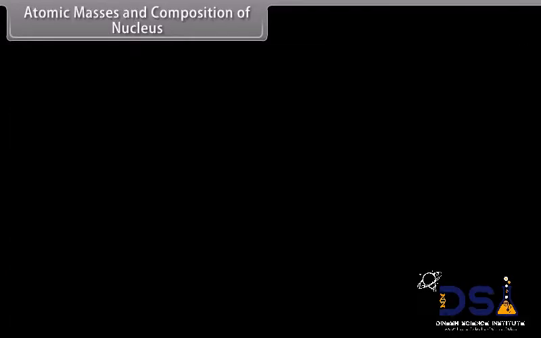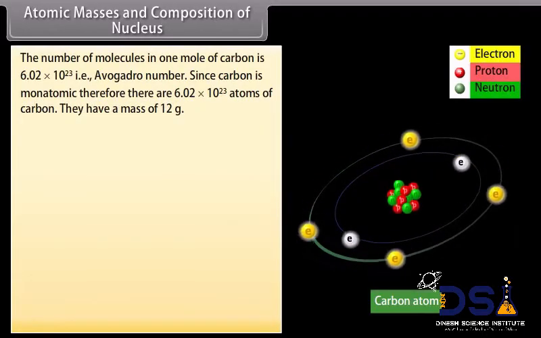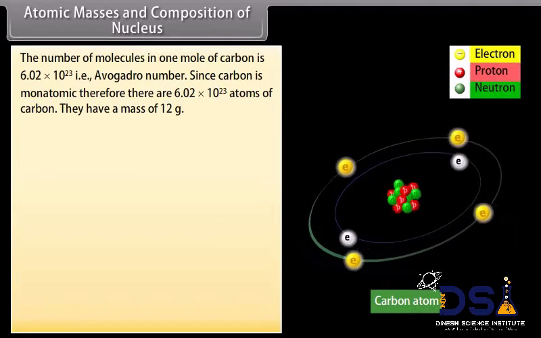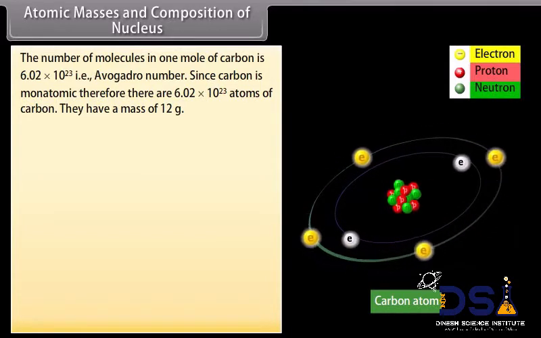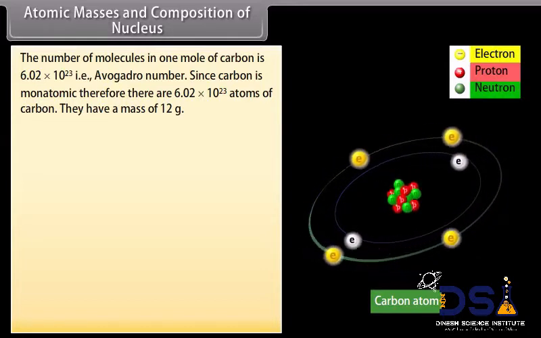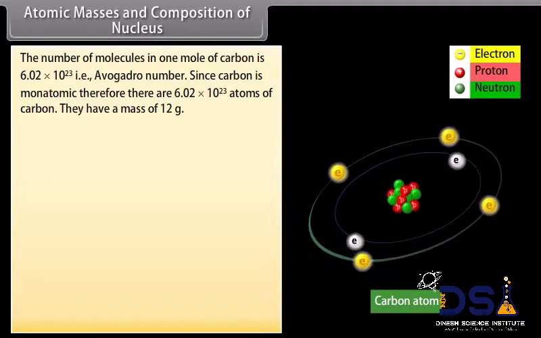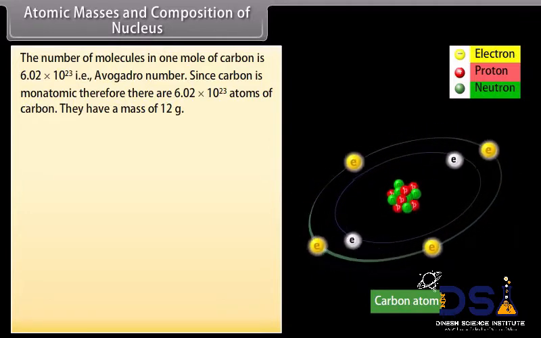Atomic masses and composition of the nucleus. The number of molecules in 1 mole of carbon is 6.02 × 10^23. That is the Avogadro number. Since carbon is monoatomic, there are 6.02 × 10^23 atoms of carbon.